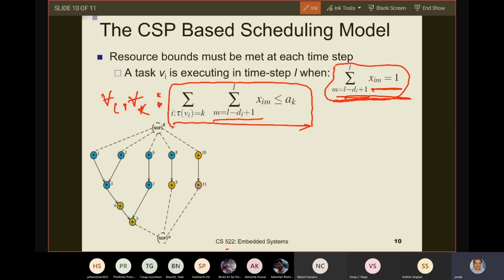This part will be equal to 1 if this task Ti is executing at the current time step L. This is what the inner summation is in the LHS of the constraint. Right?